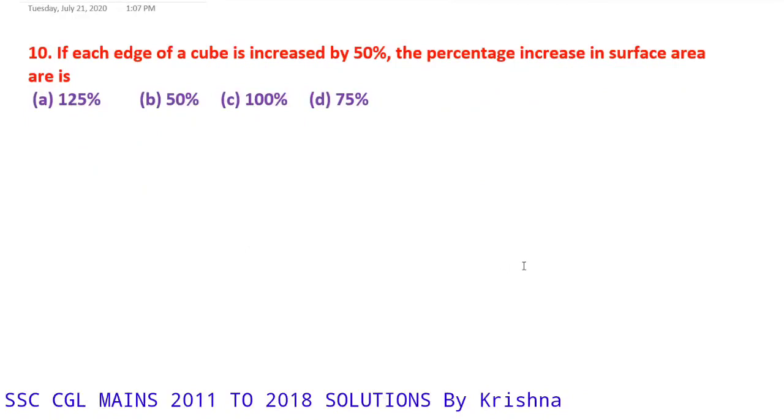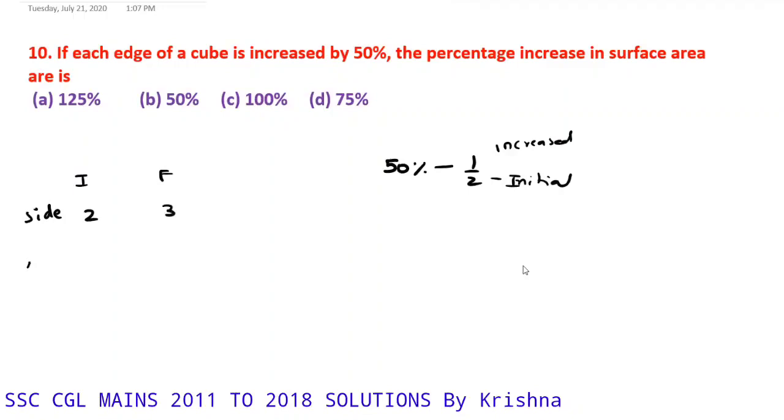If each edge of a cube is increased by 50%, the percentage increase in surface area is? So here 50% in fraction, if you write, is 1 by 2. So initially let's assume the side is 2. Then the increased value is 1. So initially it's 2 and it is increased by 50%, that is 1 unit, so 3.